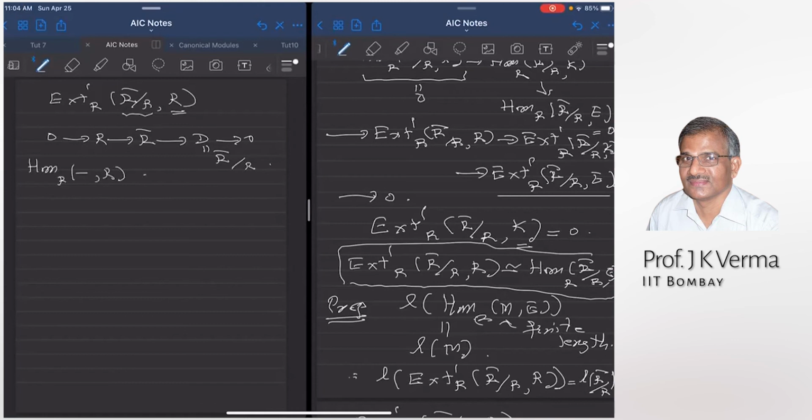This is a contravariant functor. So we will get the following long exact sequence: Hom(D, R), Hom(R bar, R), Hom(R, R).